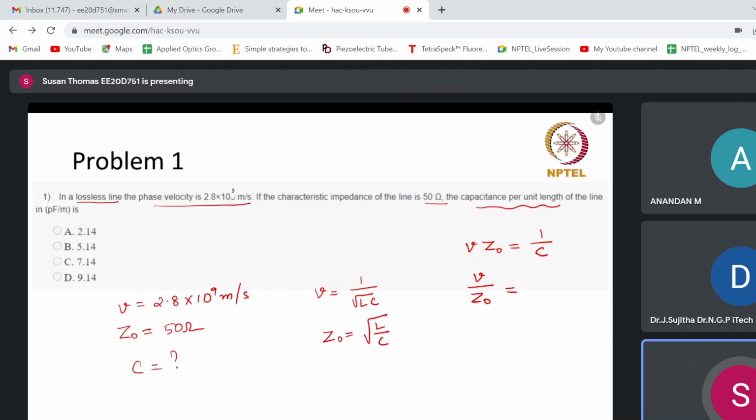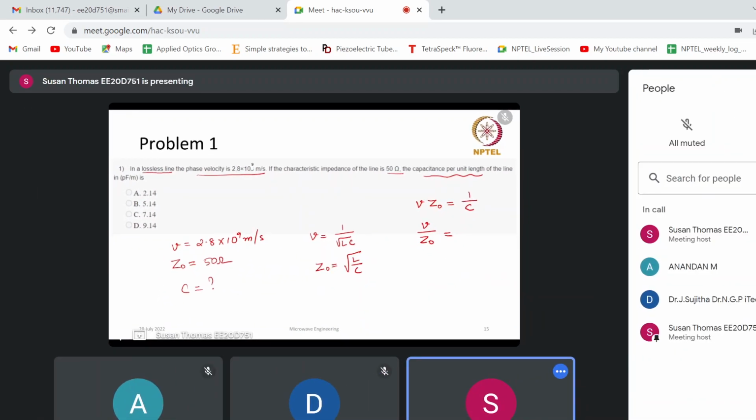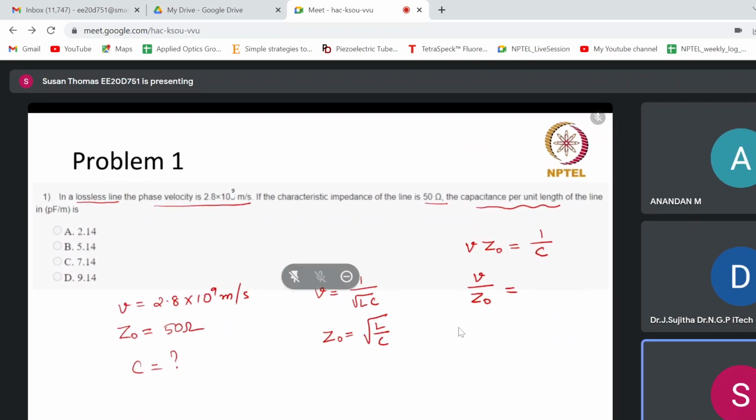Sorry, I was muted, I think. So the lossless transmission line, velocity is given, characteristic impedance is given, and you need to calculate the capacitance. So we know these basic equations.